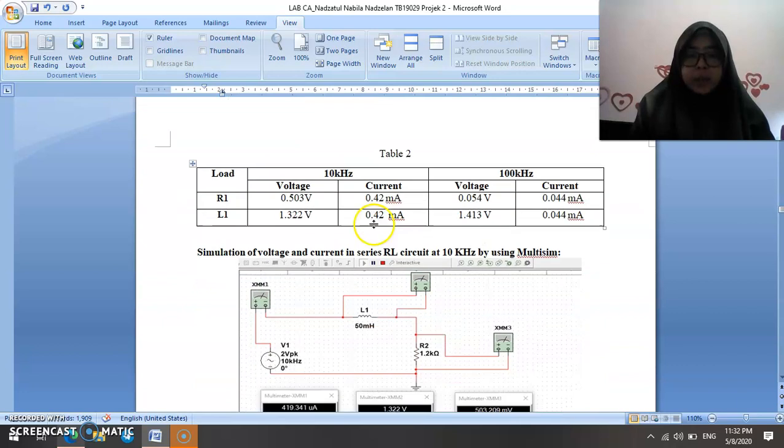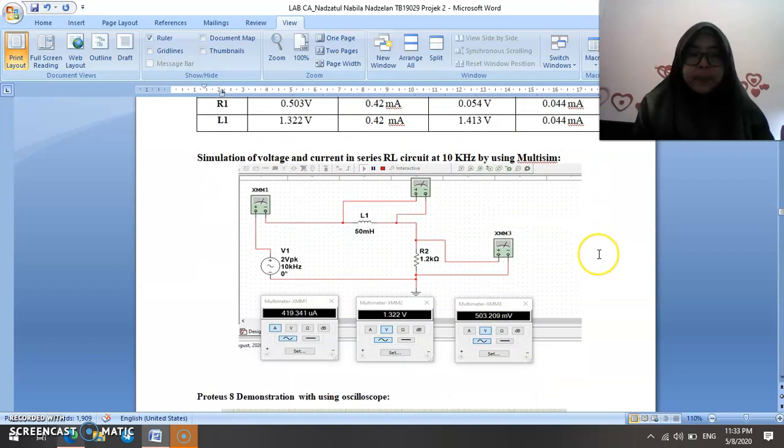In table 2, I record the values that I obtained from the simulation of voltage and current in series RL circuit at 10 kHz by using Multisim.